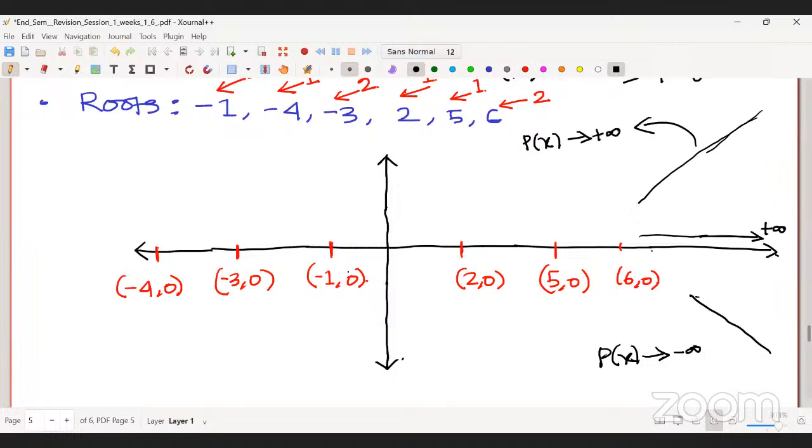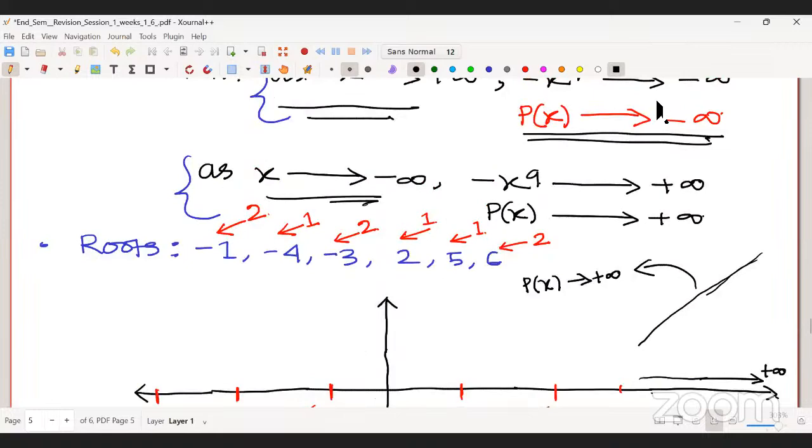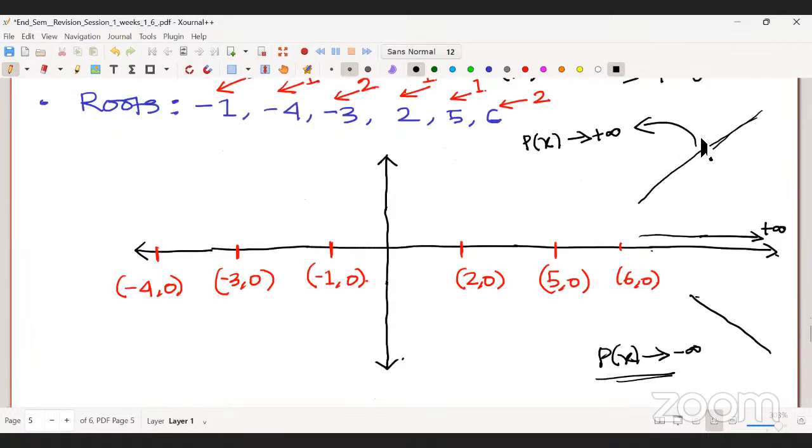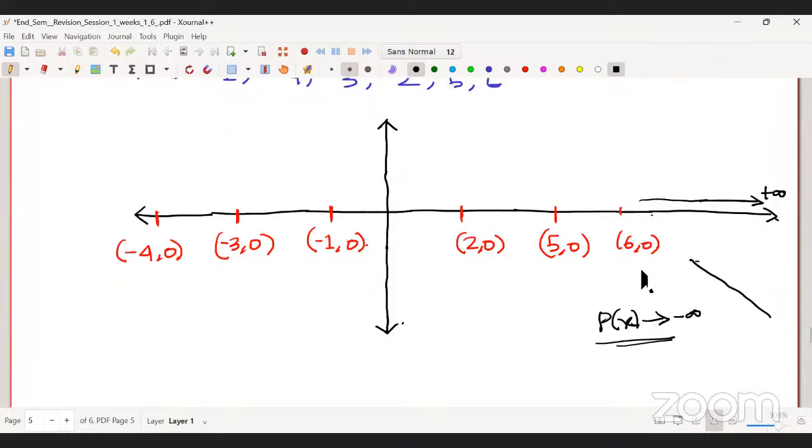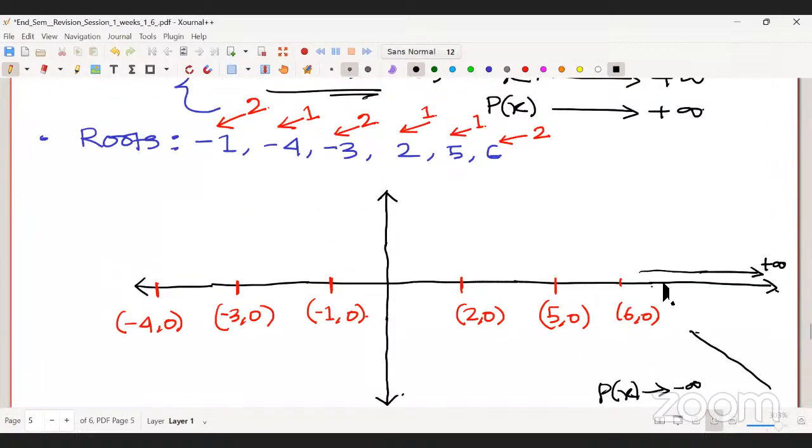If it comes from below, it means p of x is going towards minus infinity, which is our situation. So the graph can't come from above; it has to come from below the x-axis. First it will come from below to this point 6, right? It will bounce back.